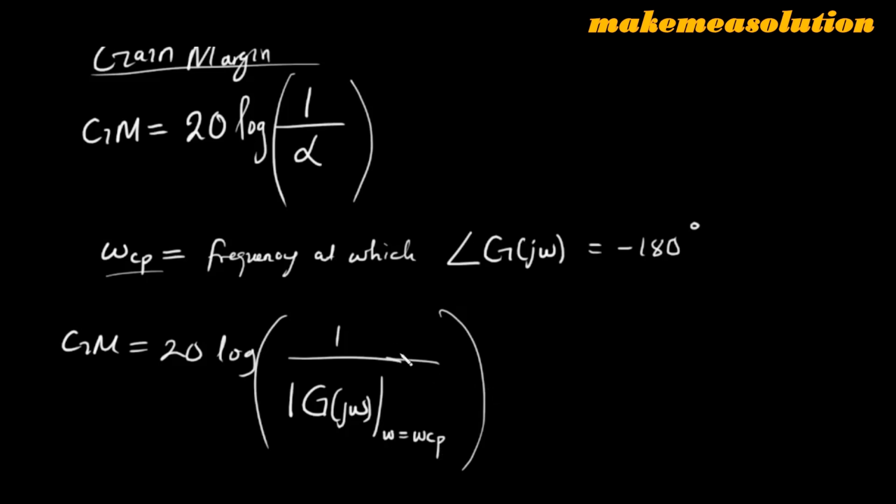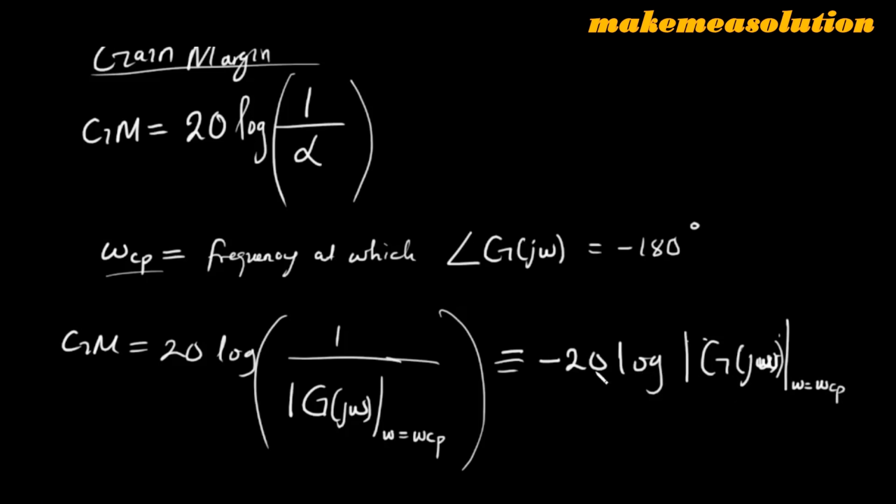Because of the property of logarithms, this becomes minus 20 log the magnitude of G of j omega when omega is equal to WCP. So it is minus 20 log the magnitude of our transfer function at the phase crossover frequency.